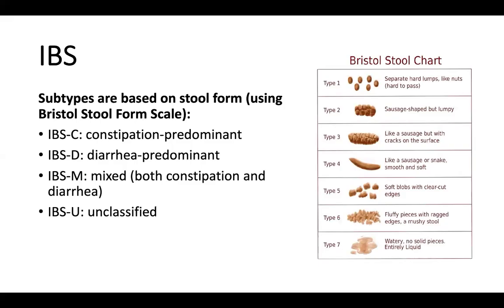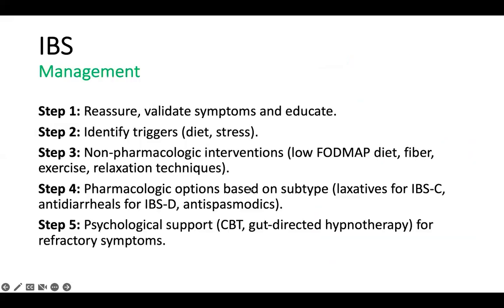So IBS is divided into 4 types, whether it's constipation predominant, diarrhea predominant, mixed, or unclassified. And you can use the Bristol stool chart for that. For the management, it follows the same principle as the other functional GI disorders, and we talked about this: reassure, validate, educate, and then you can use an individualized management plan involving diet, behavioral therapy, and sometimes medical treatment.